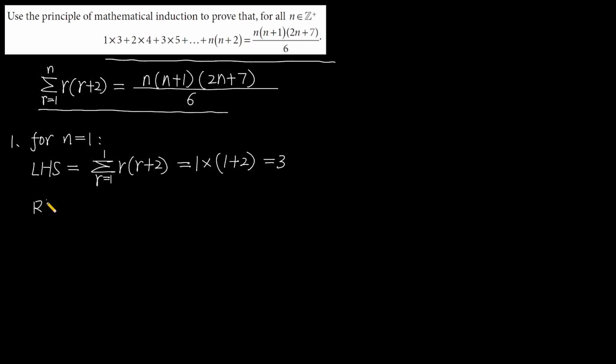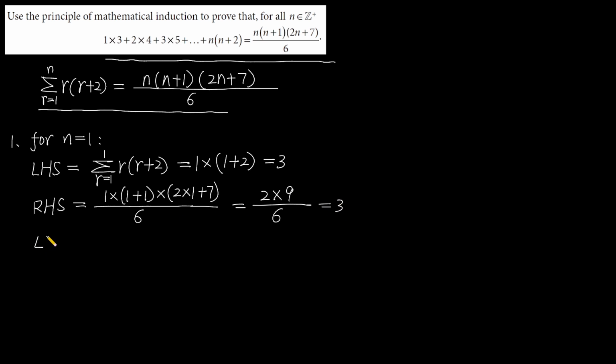Then the right-hand side equals, with n equals 1, 1 times (1 + 1) times (2 times 1 + 7) over 6. So this equals 6 times 9 over... 2 times 9 over 6, and this equals 3. The left-hand side equals the right-hand side. So the statement is true for n equals 1.